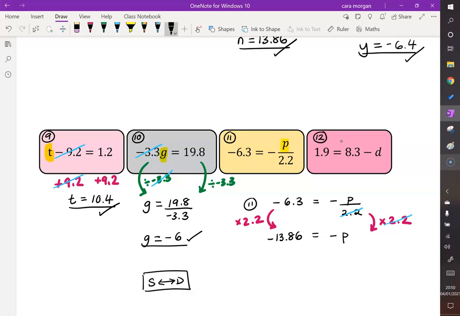Now that's interesting because negative 13.86 is equal to negative of P. If I multiply both sides by negative 1, I notice that they both become positive. Therefore 13.86 must be the same as 1p. Or if you're like me and like writing the p on the left hand side, p is equal to 13.86.